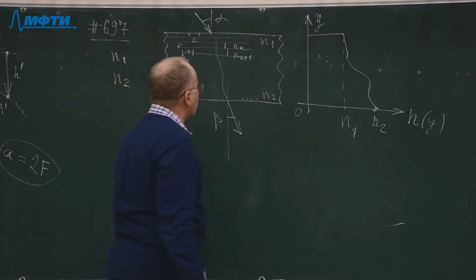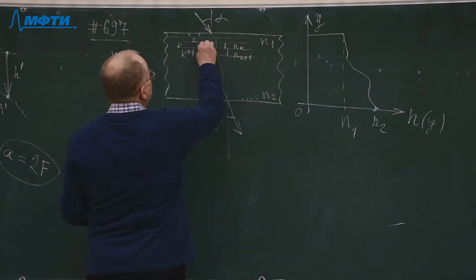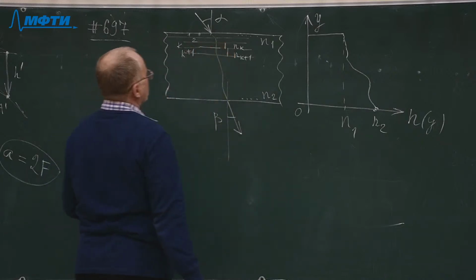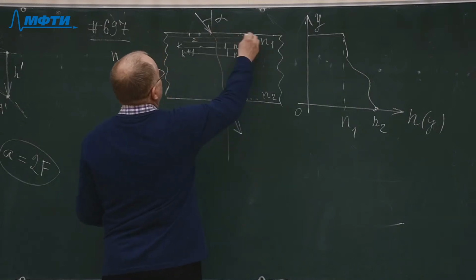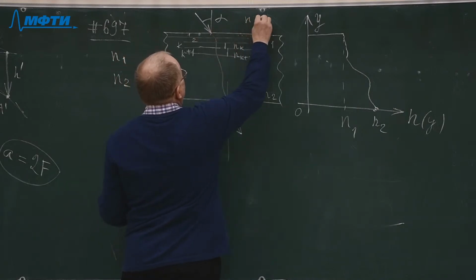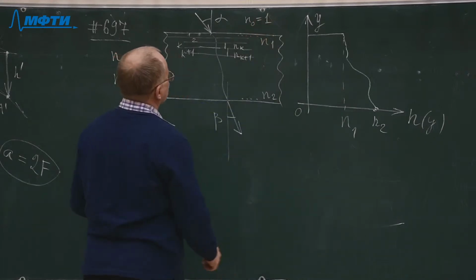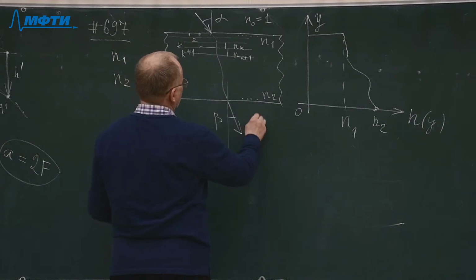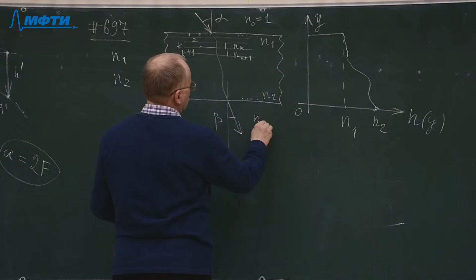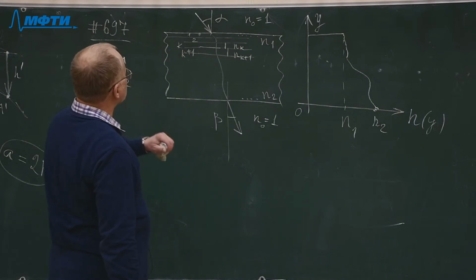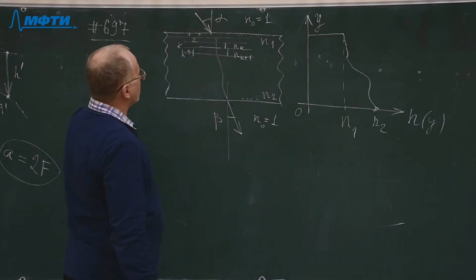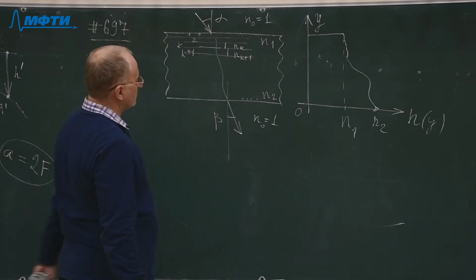For each interface between the two layers, we can write what? Well, we start from the first layer. If the refraction index here was n0, for example, it was unity, and suppose that the refraction index after the plate here is also equal to n0, also unity. Suppose this is true. Suppose the glass plate is in the air or in vacuum.